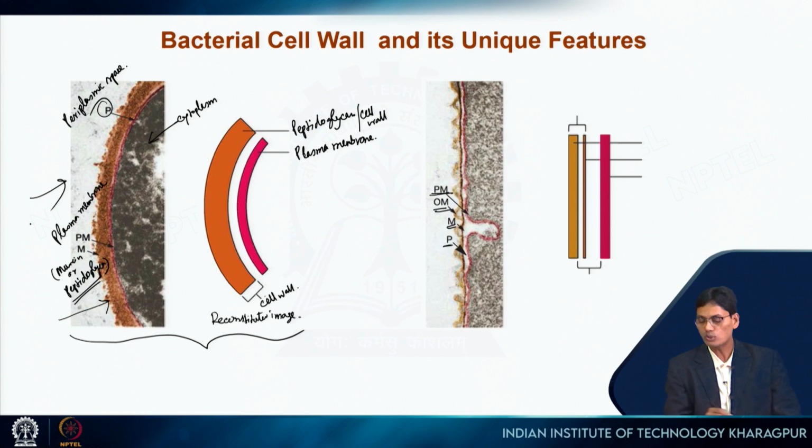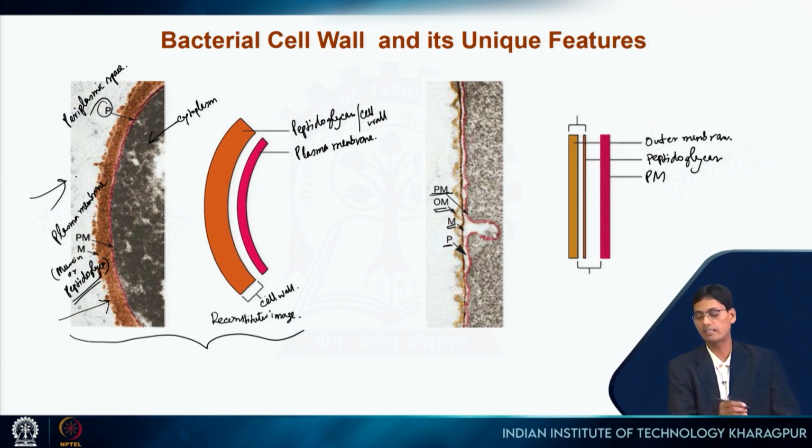So now, as you can see here, if I label, this is plasma membrane, this is peptidoglycan, and this is outer membrane, which is absent here.